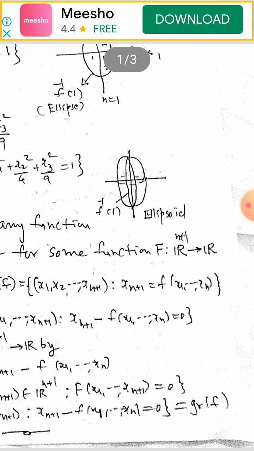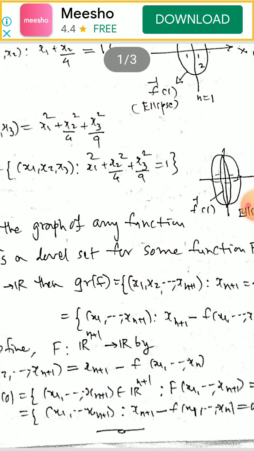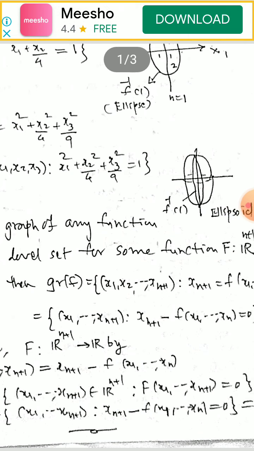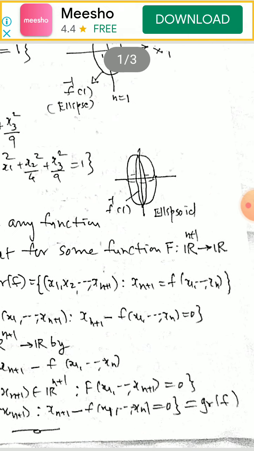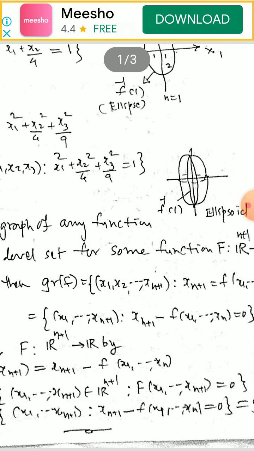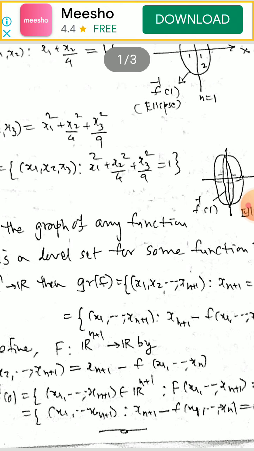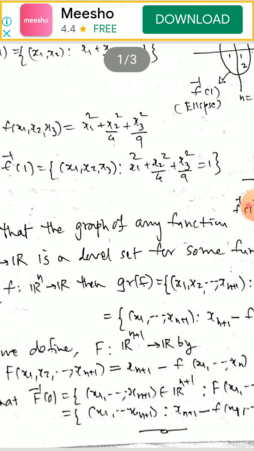So xn+1 is equal to f(x1, x2, ..., xn), that is, the set of (x1, x2, ..., xn+1) where xn+1 minus f(x1, x2, ..., xn) is equal to 0.